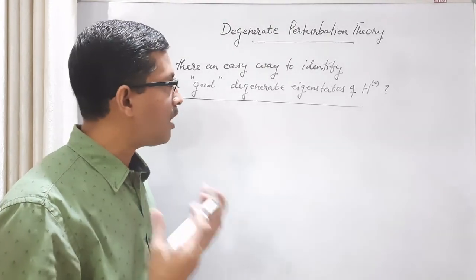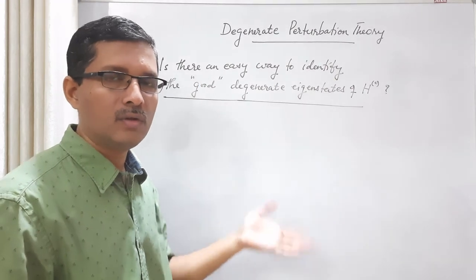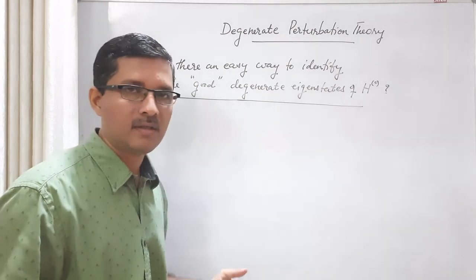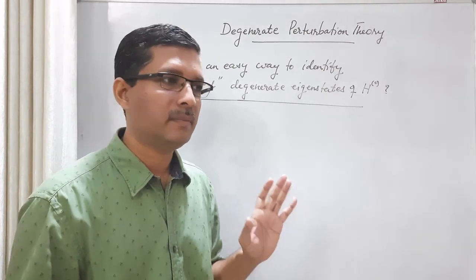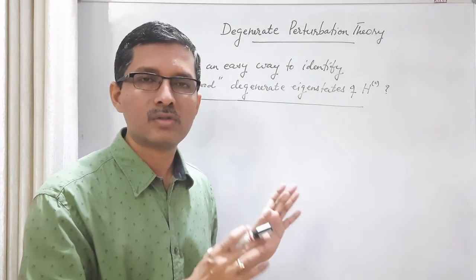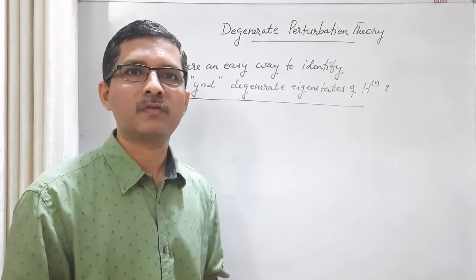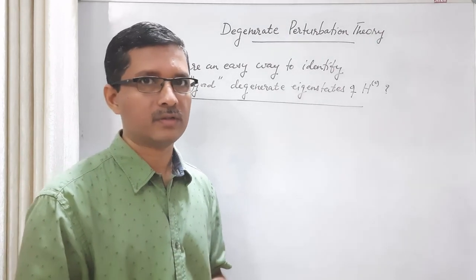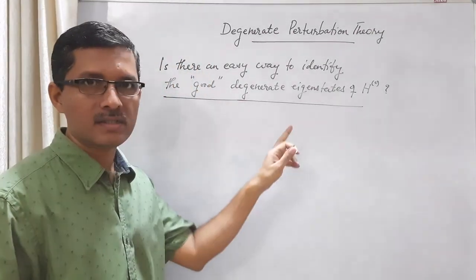Because to start with, if we already know the good degenerate eigenstates of H0, the problem is very easy. You just need to write down the matrix of the perturbing Hamiltonian in those eigenstates. That will be diagonal, and the diagonal elements will be the first order correction energy. So this is the crucial question. Actually, it turns out that there is an easy way.